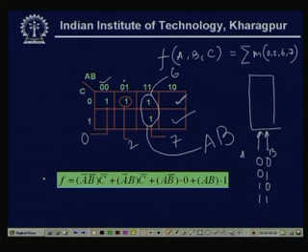Now, 0 0 means only C bar exists. So actually what I can tell, A bar B bar, 0 0, is my I 0 term.